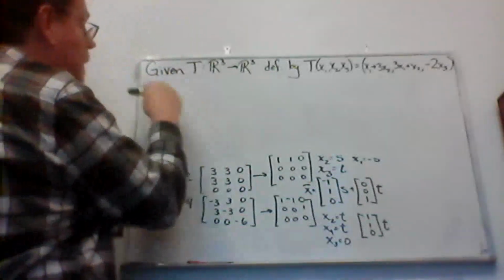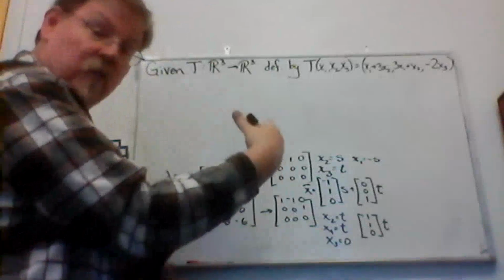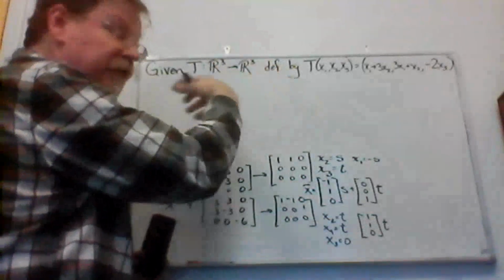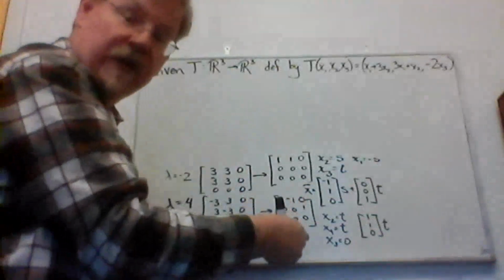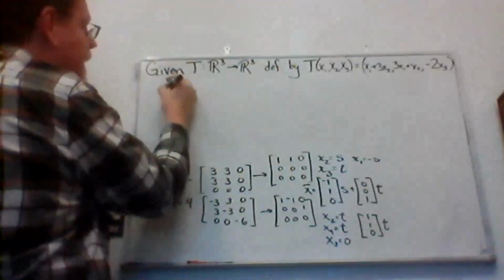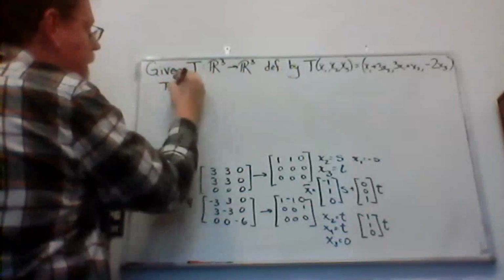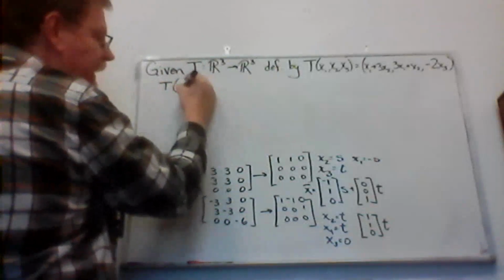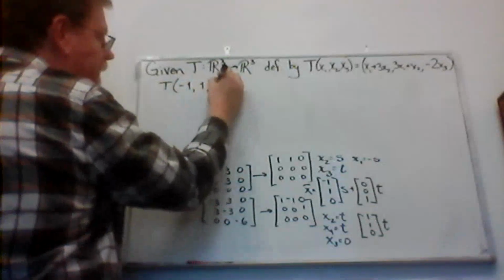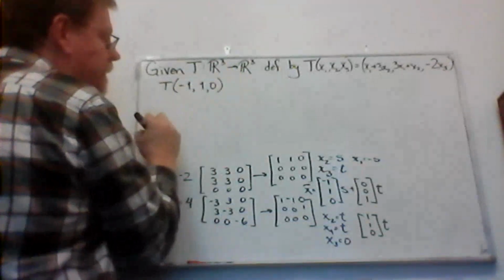Okay, so again, as we did with the start of the first problem, we'll say, well, where do the vectors go? Where do the vectors get taken? So we will look at where does -1, 1, 0 go?